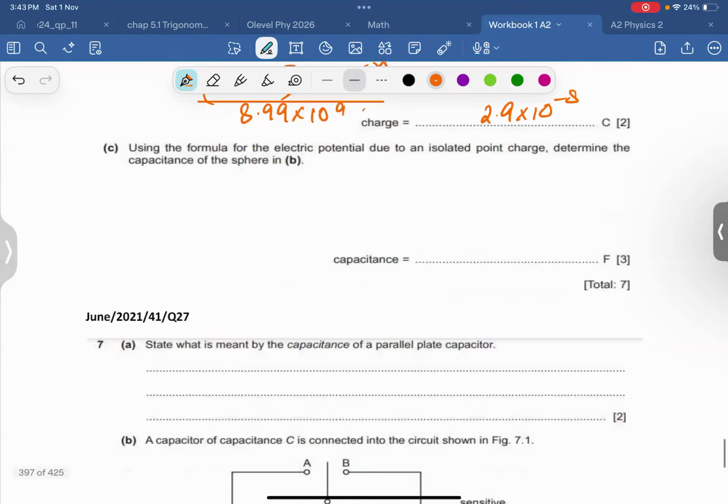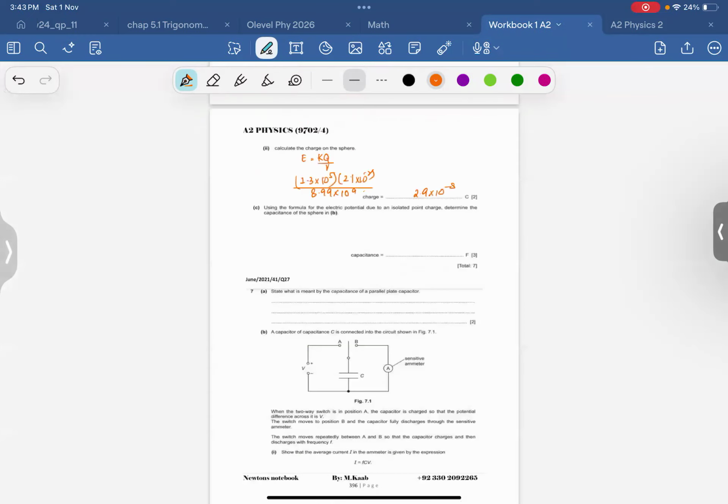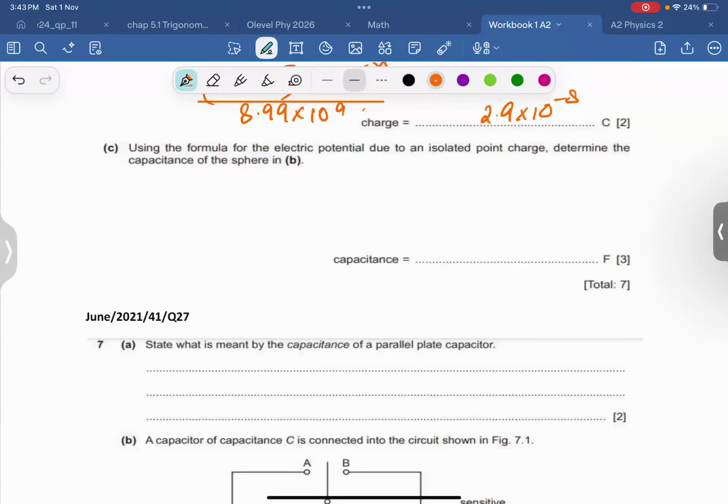Use the formula for the electric potential due to an isolated point charge. Determine the capacitance. So they're asking you to apply C is equal to 4 pi epsilon naught R. This is the formula to find the capacitance. 4 pi epsilon naught R, with R as 2.1 exponent negative 2.